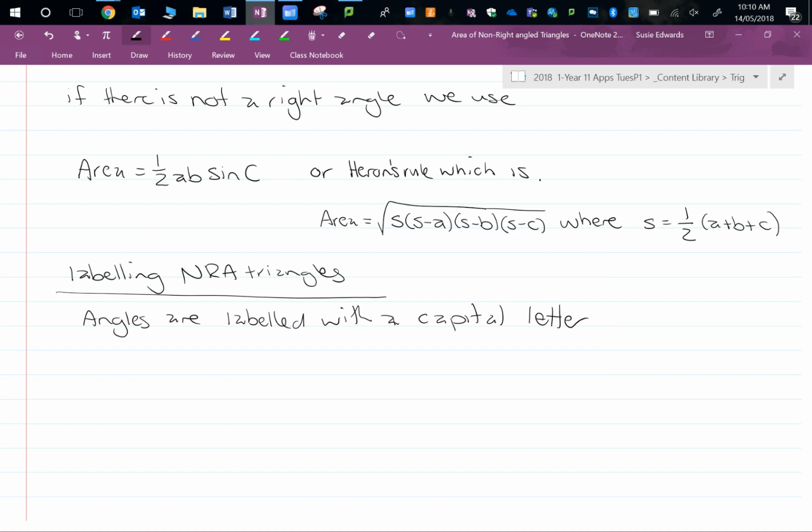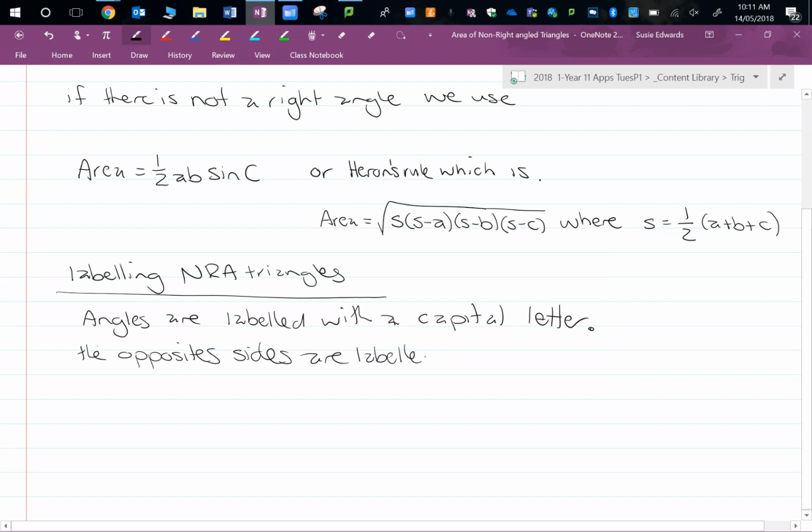Okay, so I'll draw it and it'll make more sense. So the angles are labelled with a capital letter. Sides, or the opposite sides, are labelled with the corresponding lowercase letter.